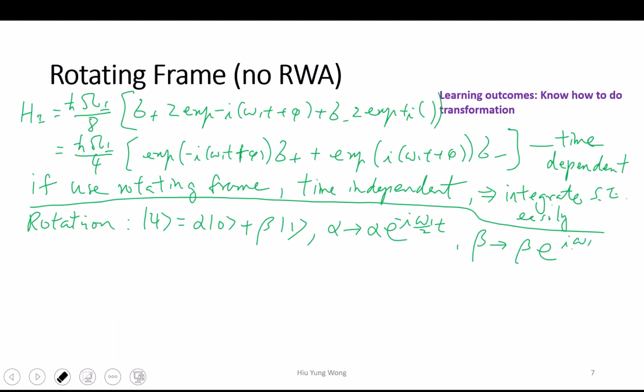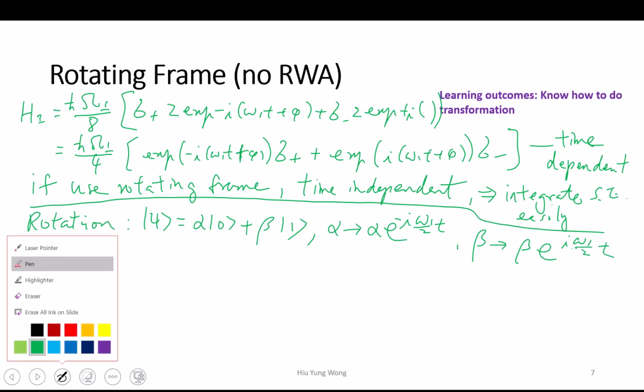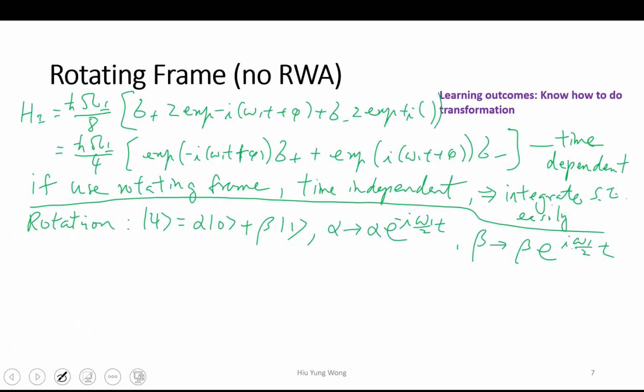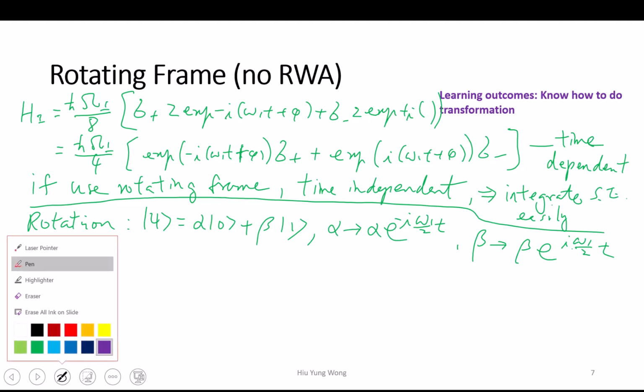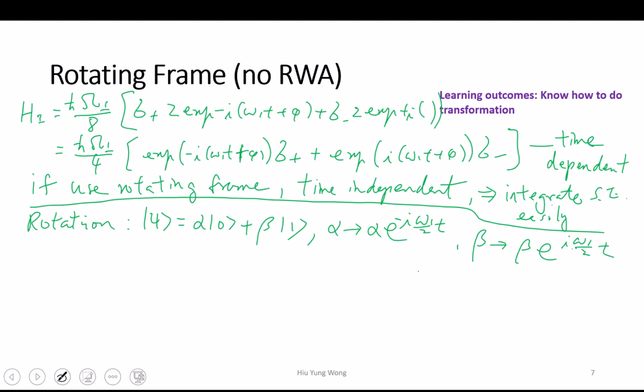Beta should be plus, right? Do you see this? Because what is omega 1 t? Omega 1 t is just the angle you have rotated, right? So this part is just the delta theta.